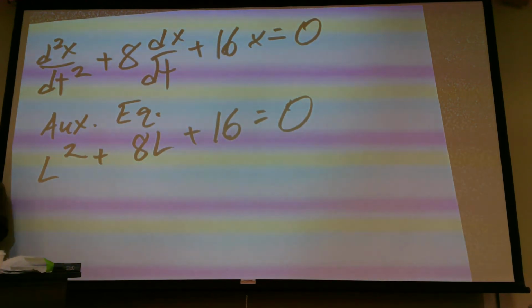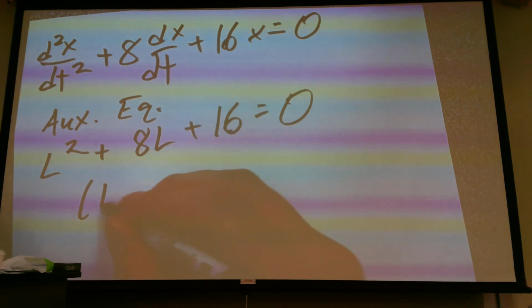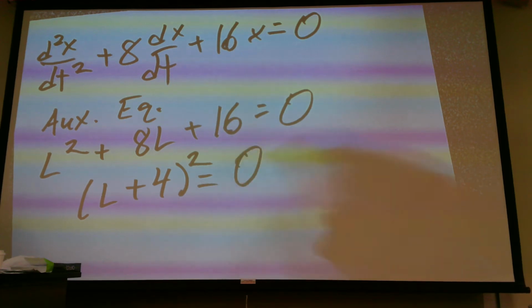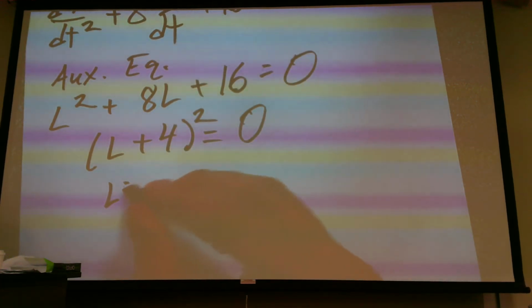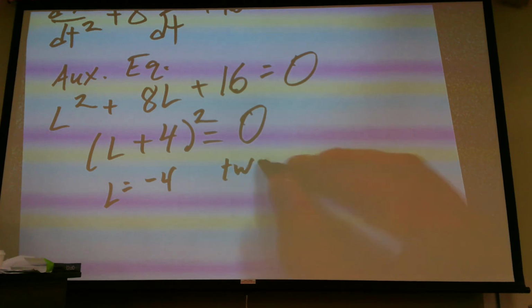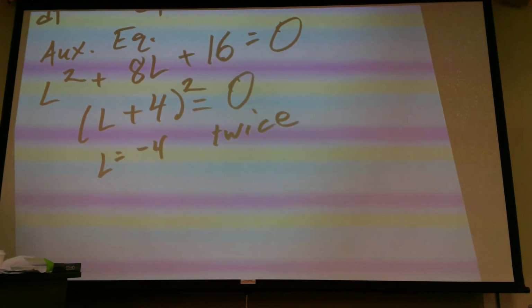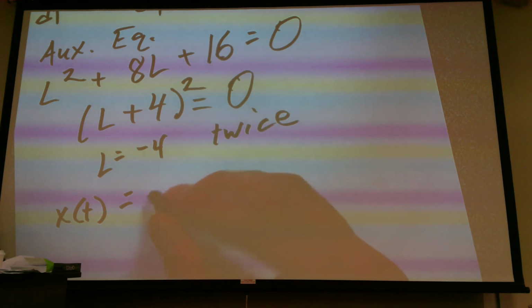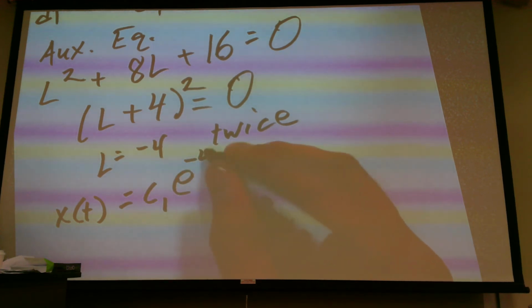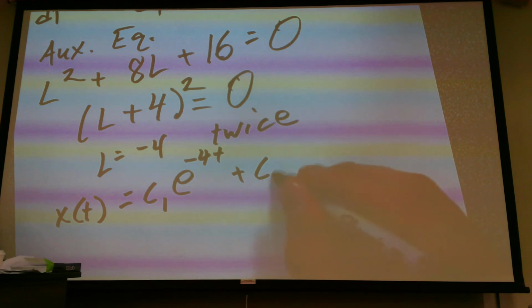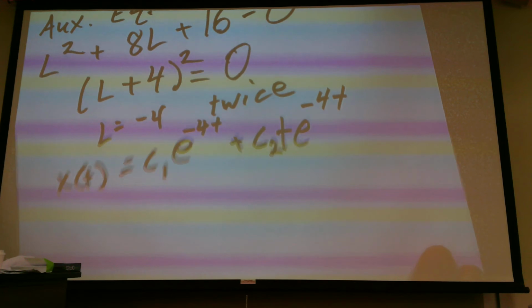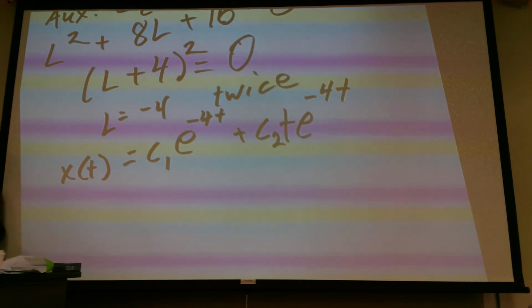Okay? And we can factor this one. So (L plus 4) squared equals 0. So L is going to equal negative 4, twice. Okay? So this tells me that x of t is going to equal c1 e to the minus 4t plus c2 t e to the minus 4t.